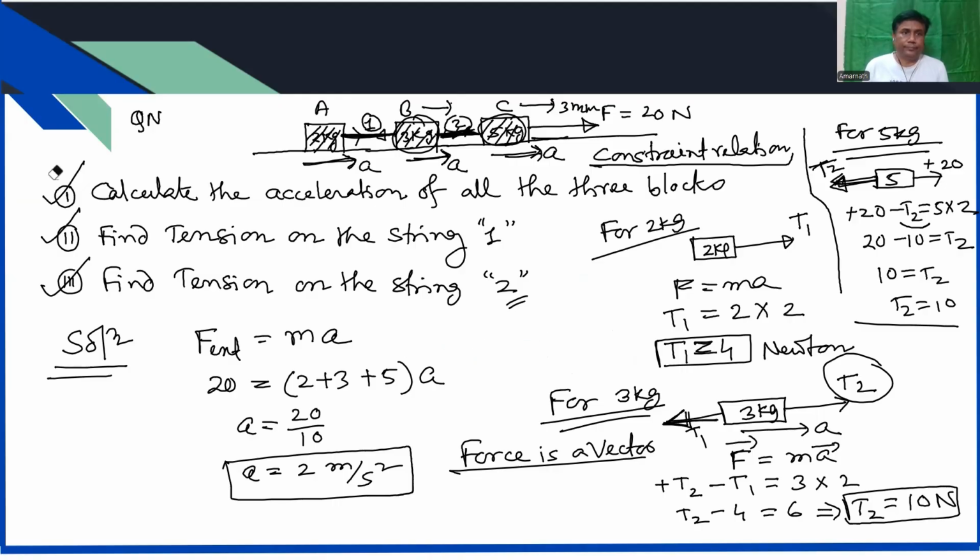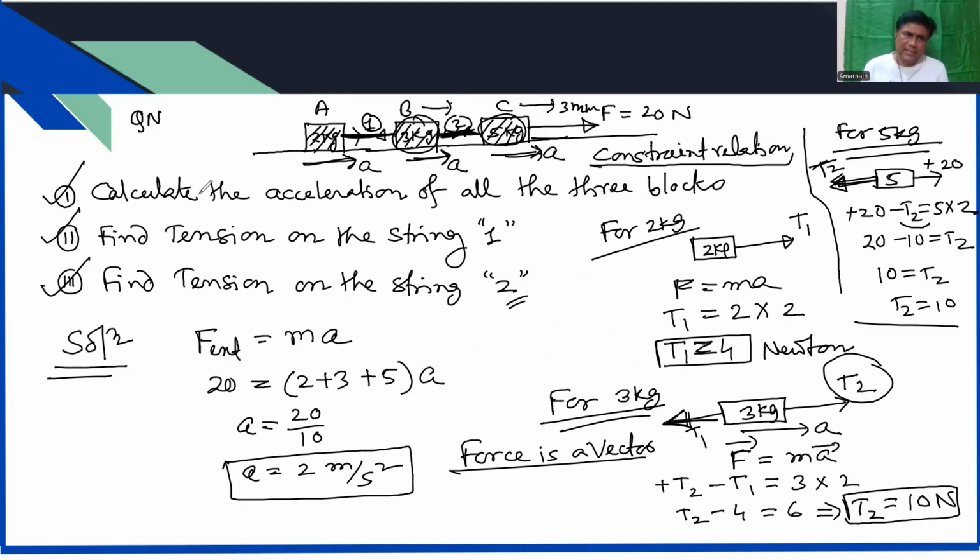Sir, I have a doubt. What if the thread was of unequal length, like one of them was really small and one of them was really big?